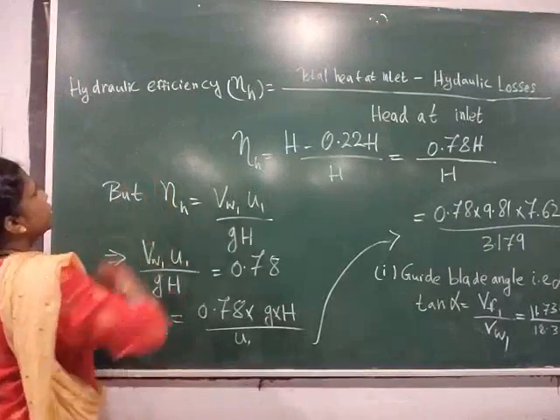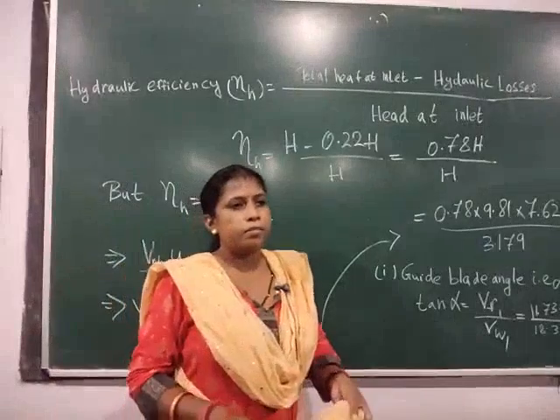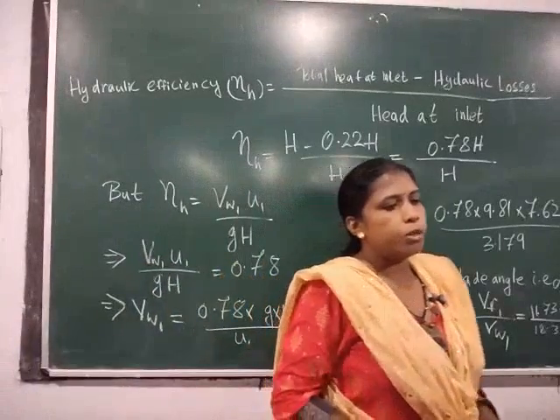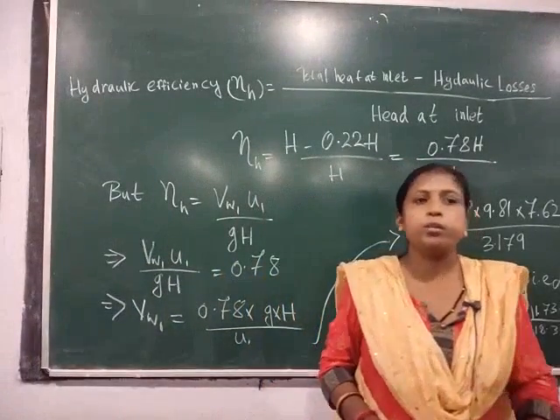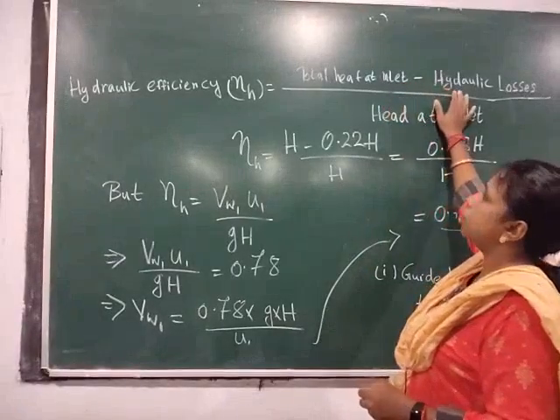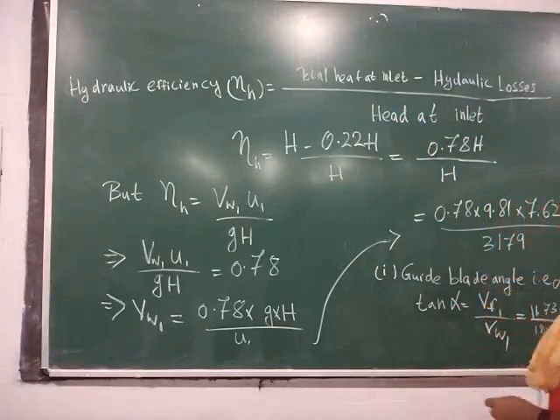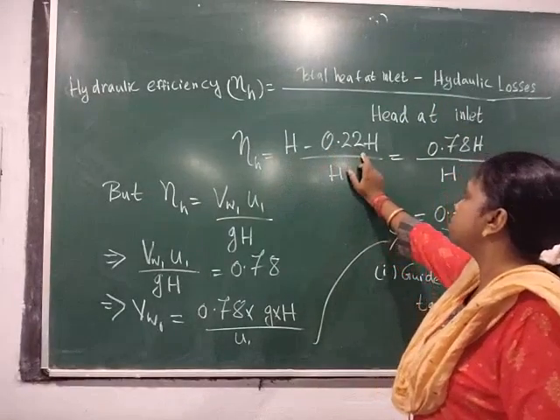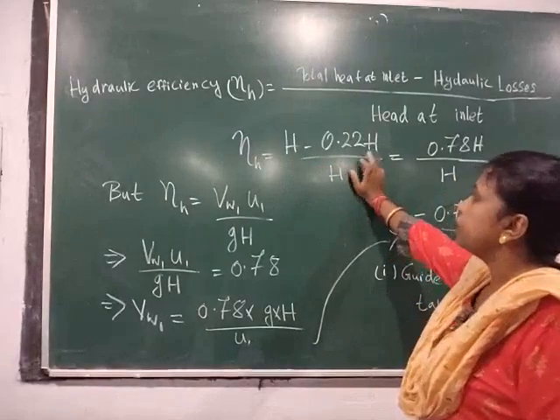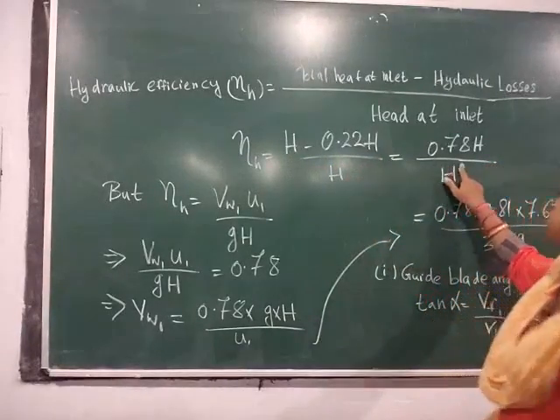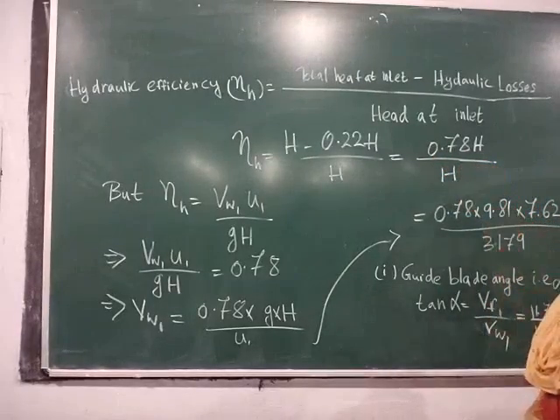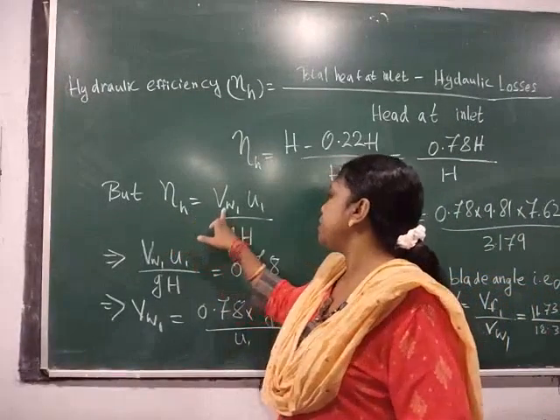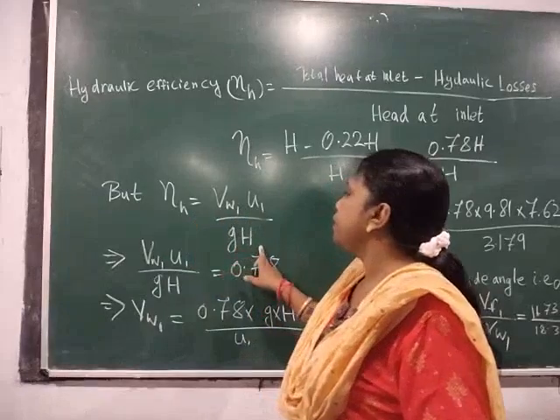Now hydraulic efficiency. Hydraulic efficiency is nothing but output divided by input. So total head minus losses divided by head at inlet, we will get the hydraulic efficiency. So total head is H minus losses 0.22H, divided by H, that is 0.78H divided by H. But we know that hydraulic efficiency, according to the formula, is Vw1 into U1 divided by gH.